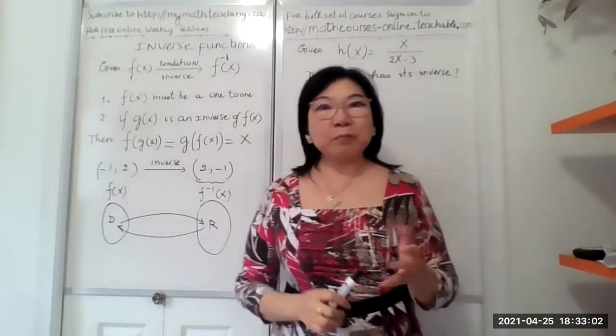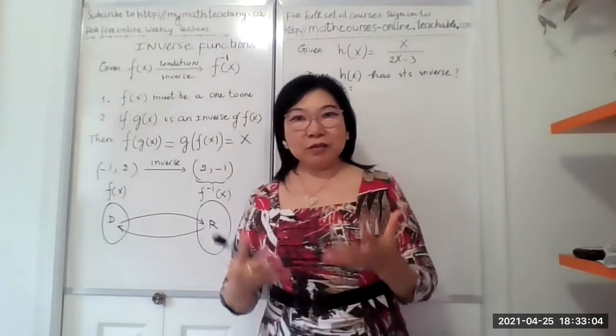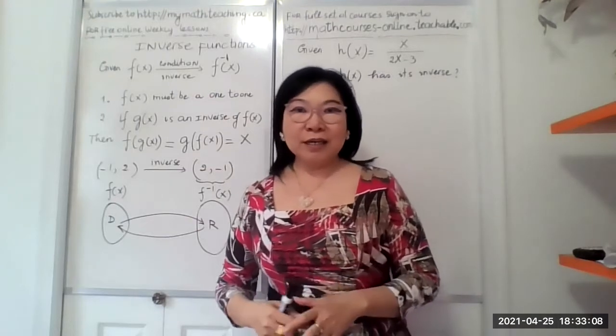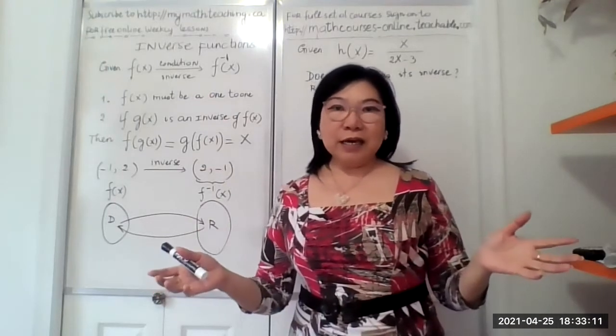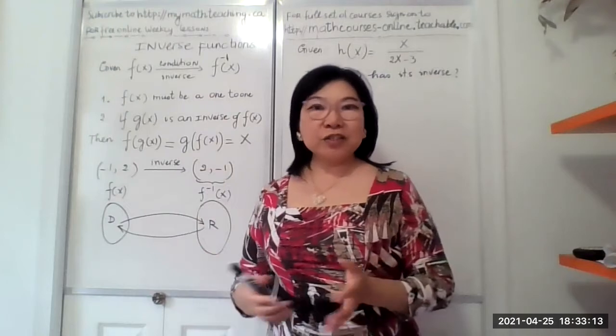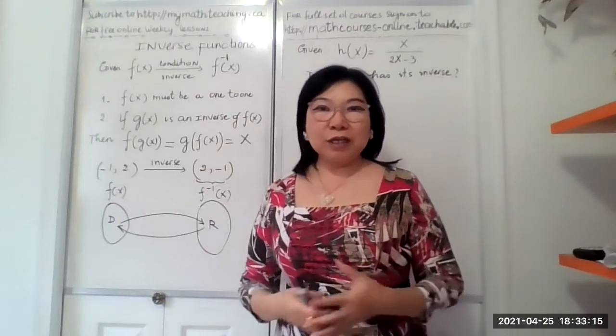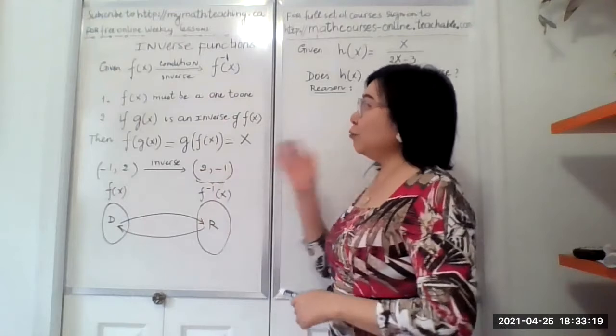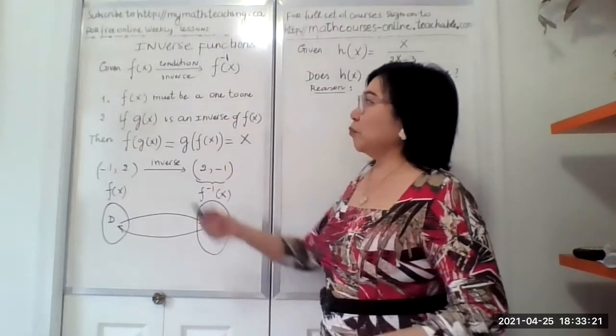In my previous video, we were exploring the composite function, how its domain and range are restricted, and whether or not it exists. So now we talk about the inverse function.